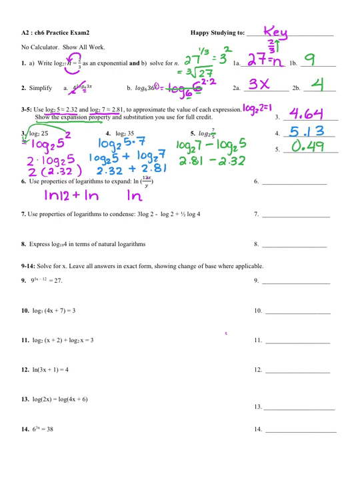Multiplication goes with addition. y is in the bottom, so it gets subtraction because division and subtraction go together. And that would be your final answer: natural log of 12 plus natural log of x minus natural log of y.